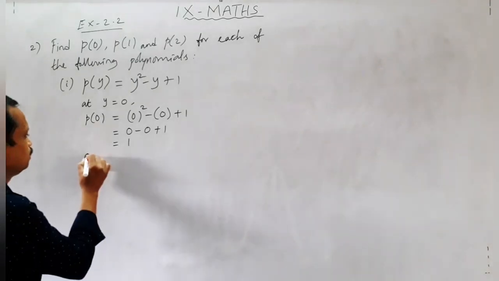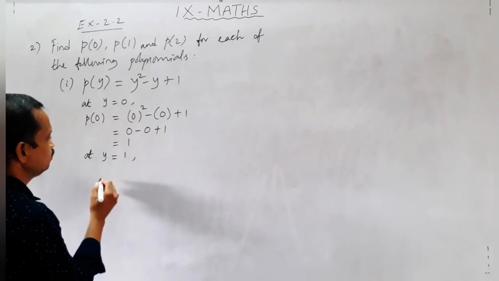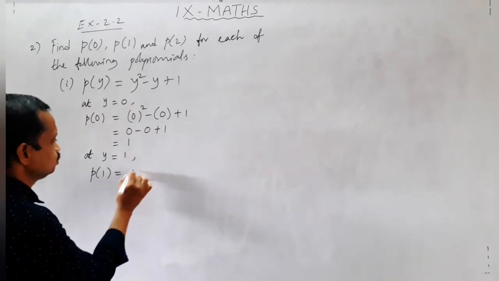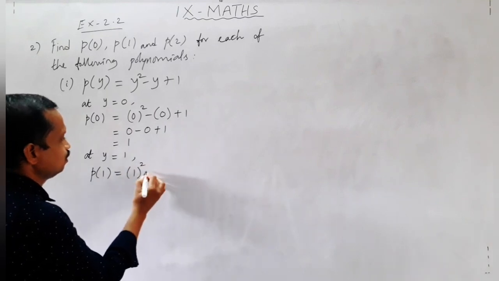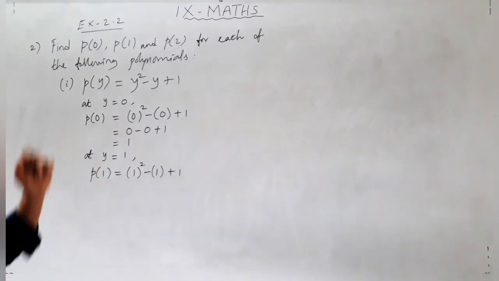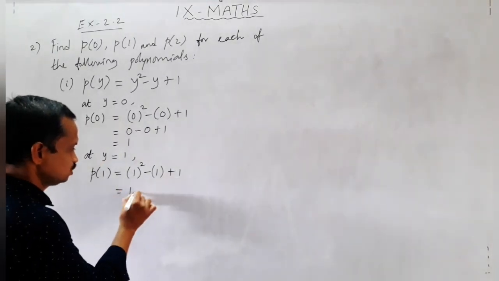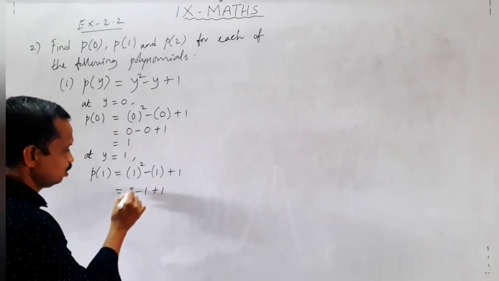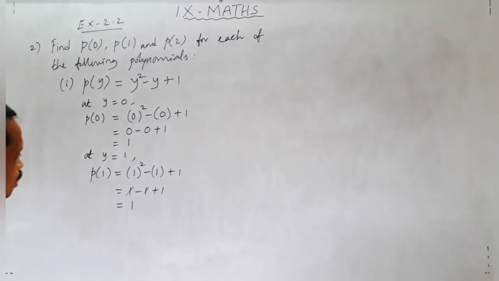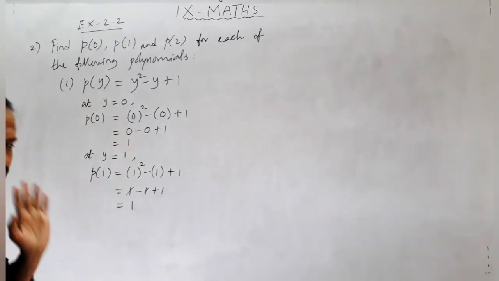And at y equal to what? 1. Then we can find p of 1. That is nothing but 1 square minus 1 plus 1. So instead of y, put 1. And now 1 square is 1 minus 1 plus 1. You see 1 minus 1 gets cancelled, and the answer is 1. So the value of p of y at y equal to 1 is 1.